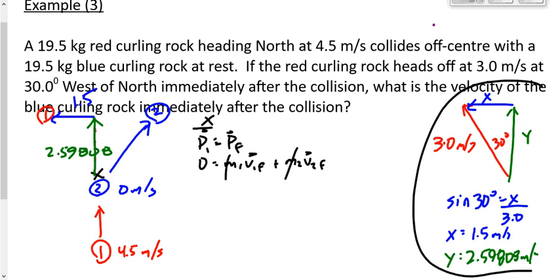Otherwise, it's not a very fair game. V1F. What's that? X component V1F. Yeah, we're going to make it negative, actually, right? Because it's left. V2F. Oh, that's easy math. It's crazy easy math. V2F is positive 1.5.